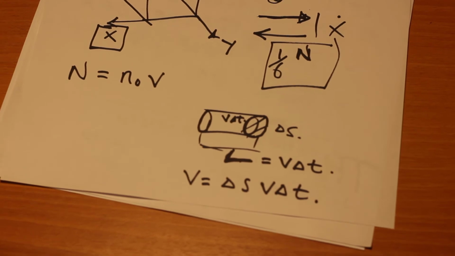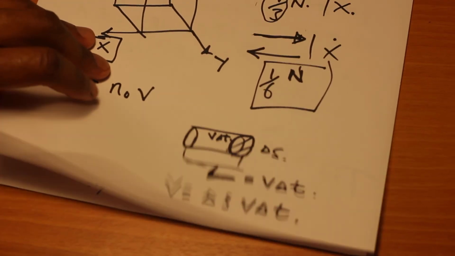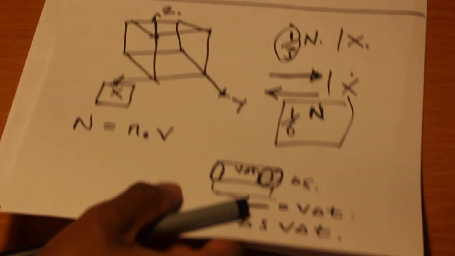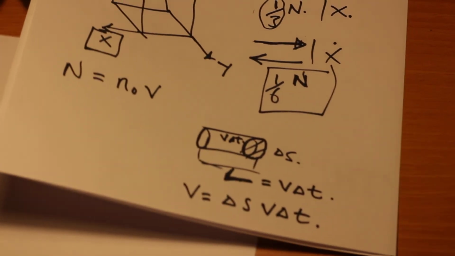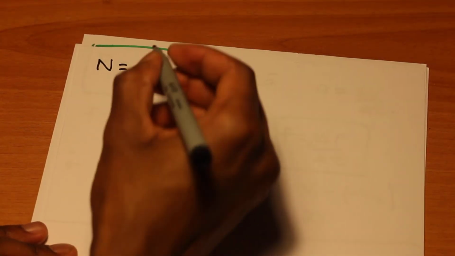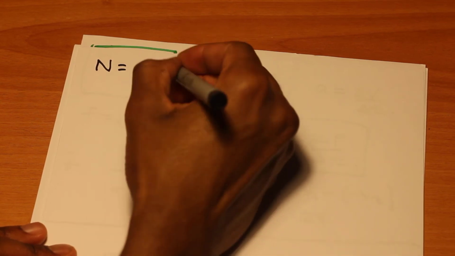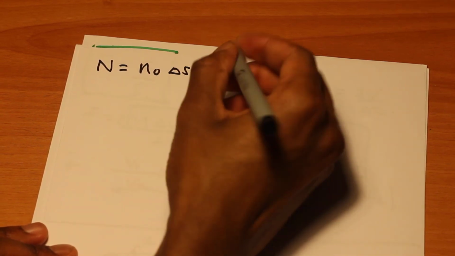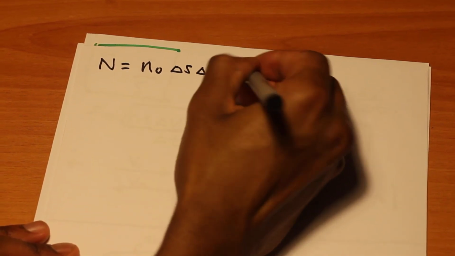From here, we can now safely say that the number of molecules N is equal to this times the change in area times the change in time times the velocity.